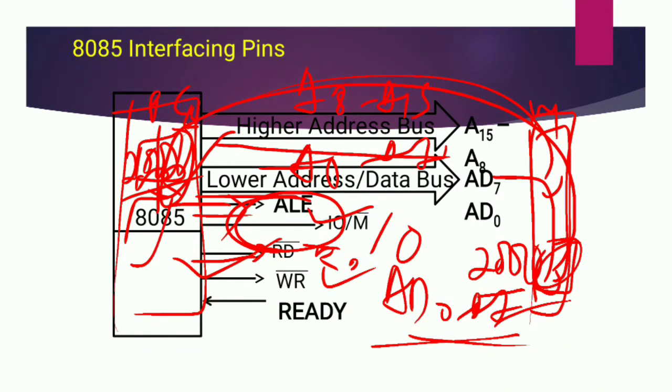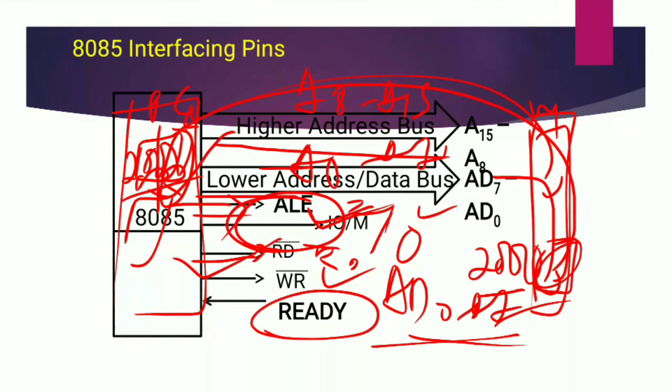Whenever data or a lower order address is transferred, it is distinguished by ALE. When it is 1, the address is transferred. When it is low, it indicates AD0 to AD7 are data.